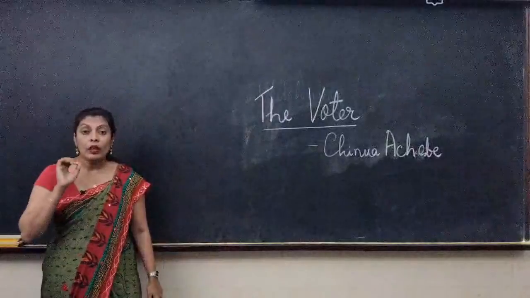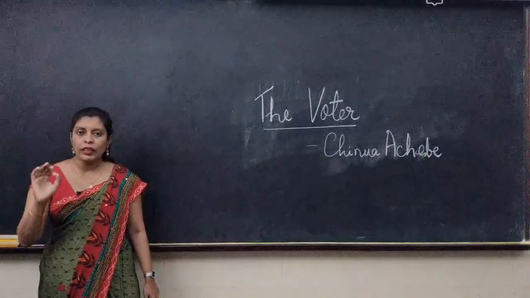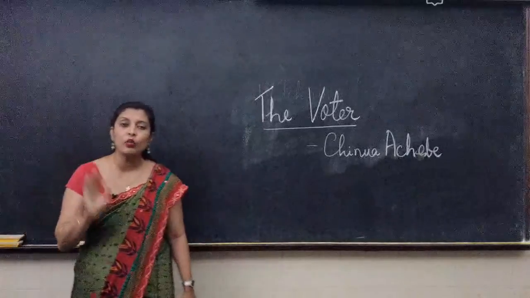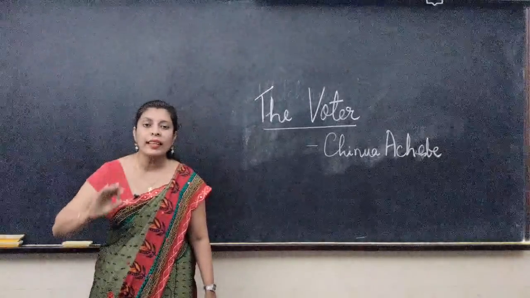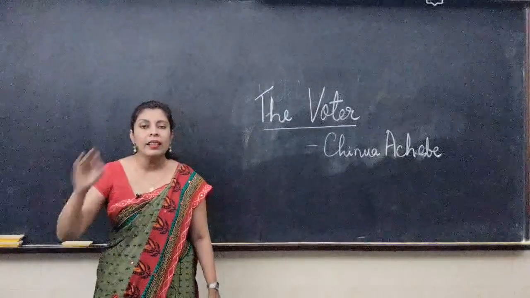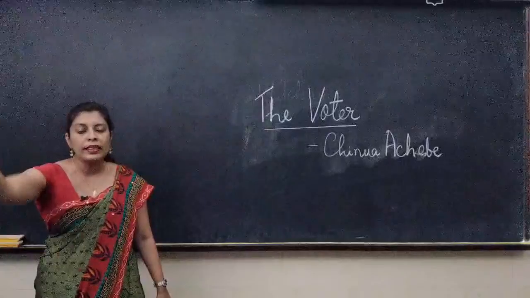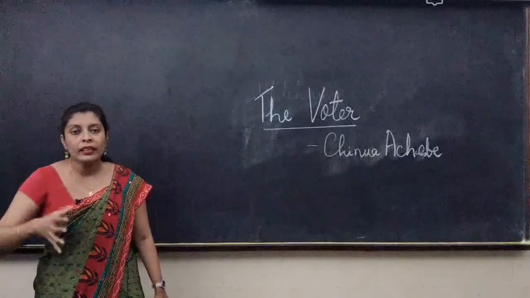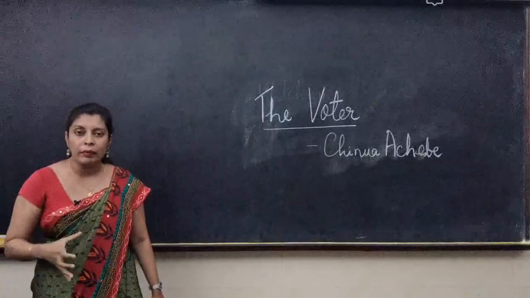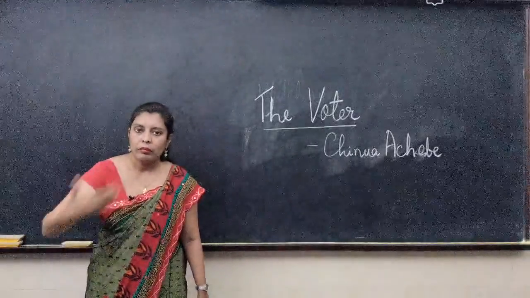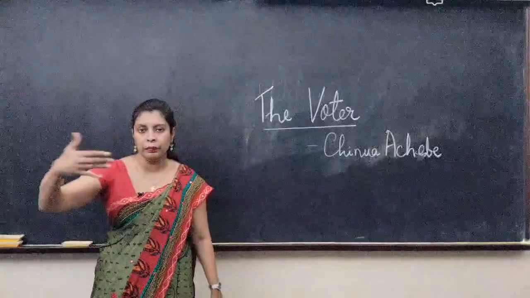Now, a voter, of course, is an electorate, a person who has the right to elect or select his leader to represent him in the government. It is in a democratic setup. Elections take place every 5 years. The governing body changes.